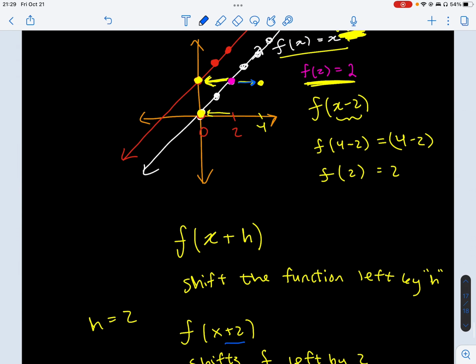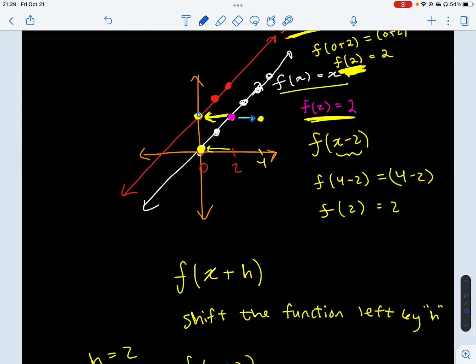Rather, the transformation acts like the same line that is moved to the right. It's going to pull those points to the left. It's going to pretend like all the inputs are 2 greater than what they actually are, which makes them occur sooner, which makes them occur to the left.